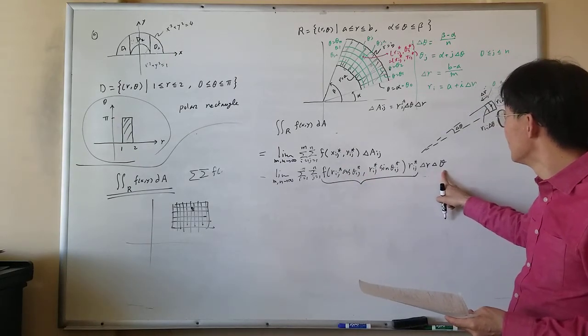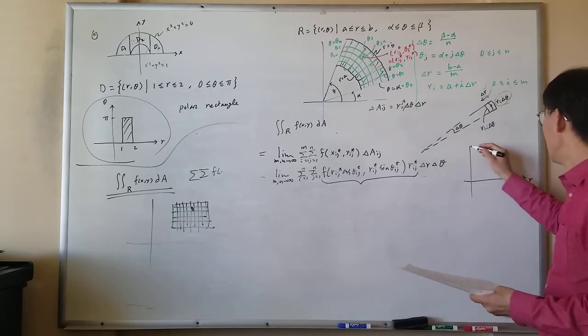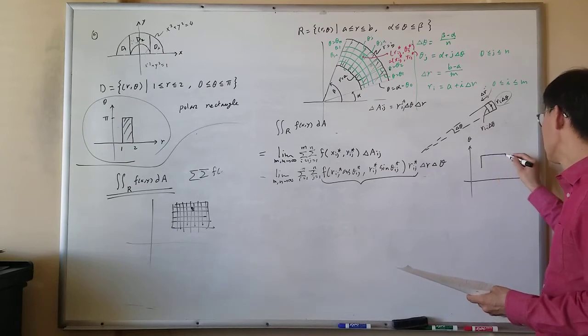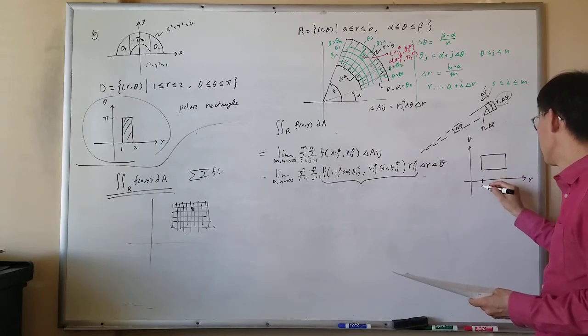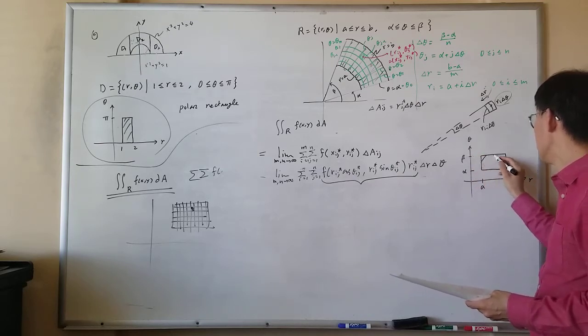All right? So it's just like integrating over r and theta region, like this. R from A to B, alpha, beta.